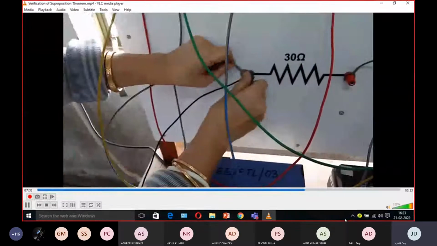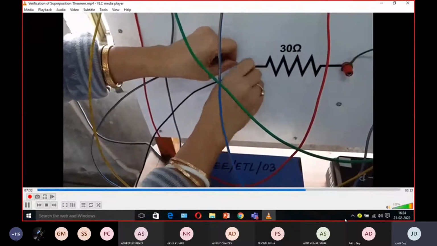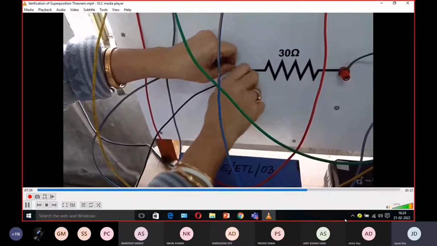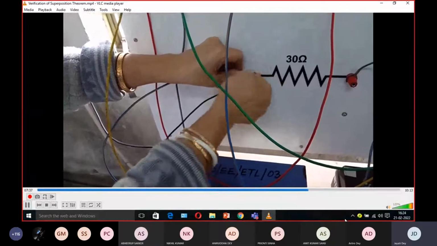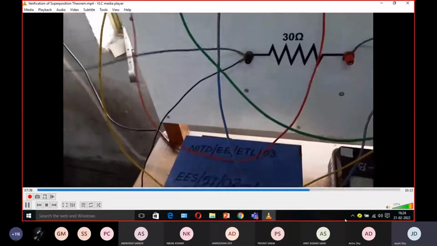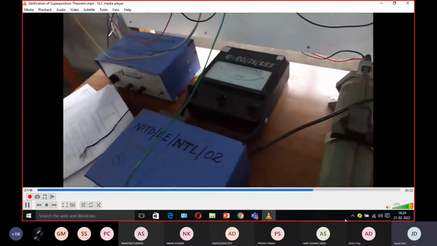Look at here, V1 is shorted. That means we are removing this one. These two points are shorted. Now I am making it on.